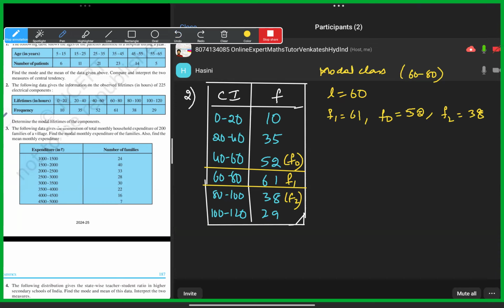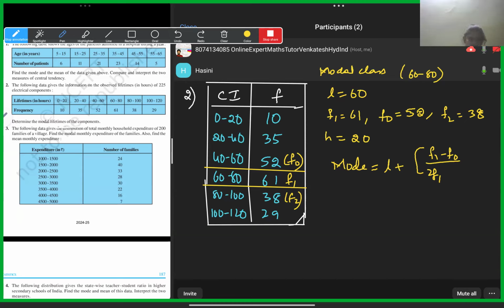Now, Hasni, we can find out the h value as the class size. How much is the class size, Hasni? 20, sir. Okay, Hasni. So finally, mode is equal to the formula: L plus F1 minus F0, by F1 minus F0 only, Hasni, or F1 minus F2?